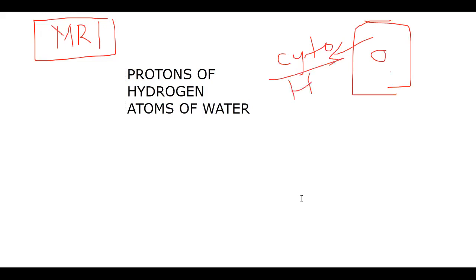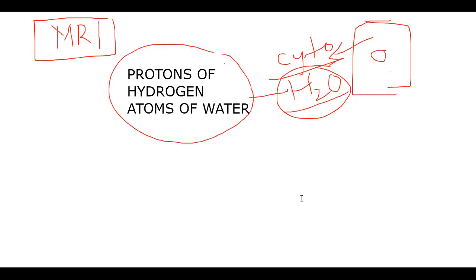In the cell, in the tissue, in the organ, we find some water. So now correlate: we are talking about the protons of the hydrogen atoms of that water only.